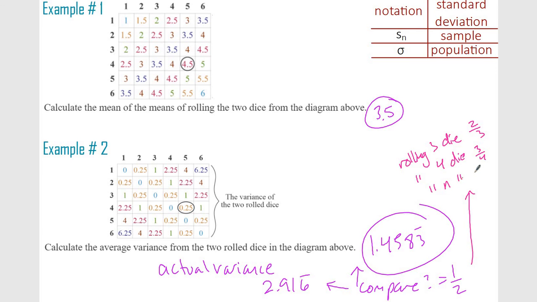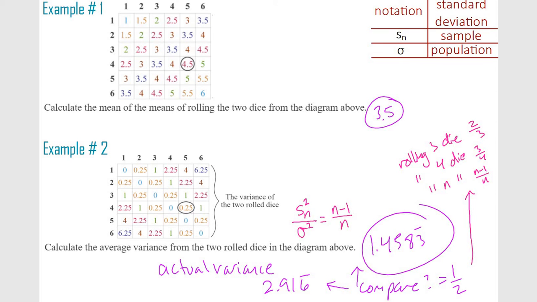Rolling n dice would be n minus 1 over n. Using that, we can adjust it. We know that our sample variance over our population variance is going to be equal to n minus 1 over n.